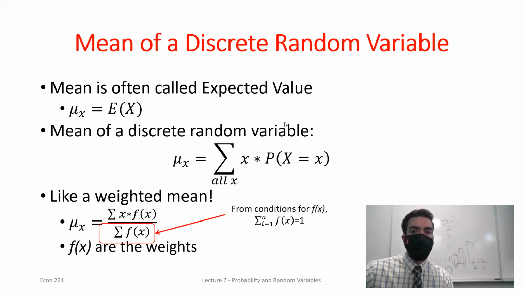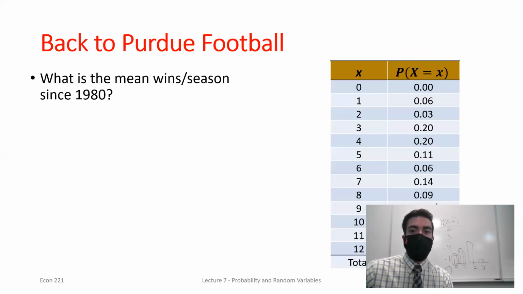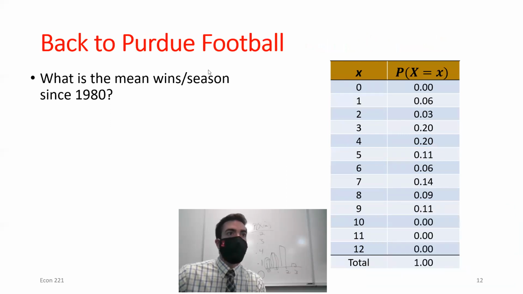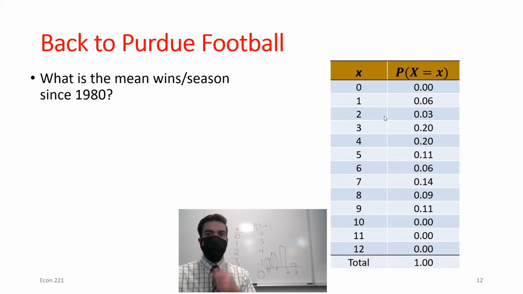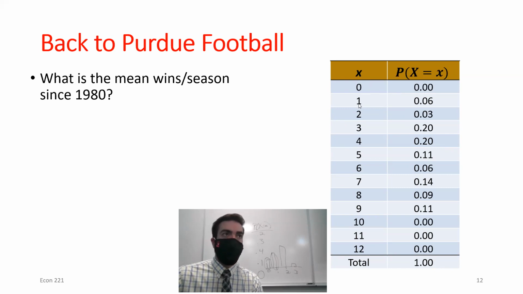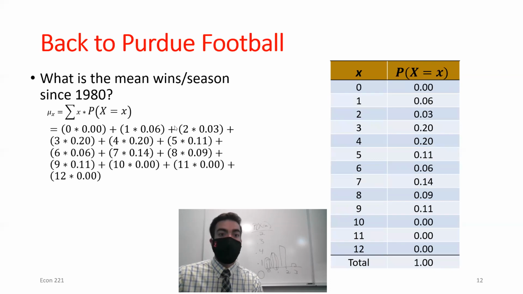So, go here. There we go. If I have all this data, how would I find the mean of this discrete random variable? Well, I would go through, take the first possible outcome, 0, multiply by the probability it occurs, 0, add to that the next outcome of 1 times its probability of occurring, 0.06, add to that the next outcome of 2 times its probability of occurring, 0.03, and I essentially just do this for every single possible outcome.